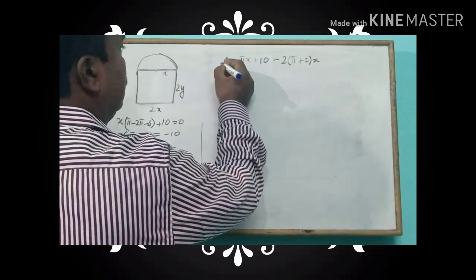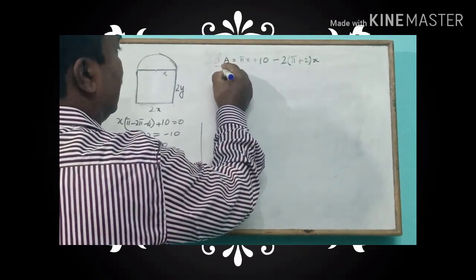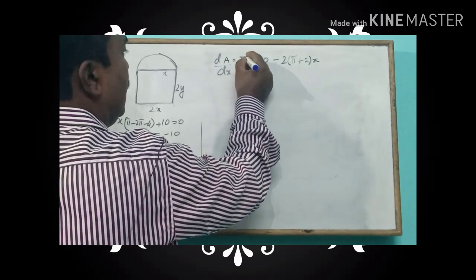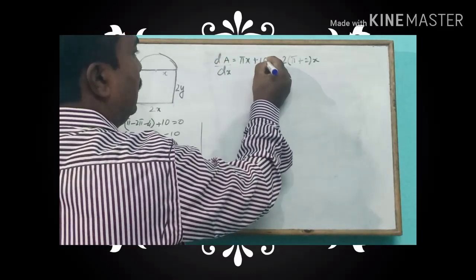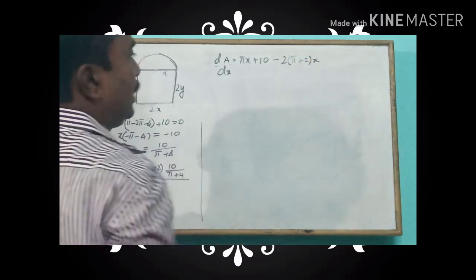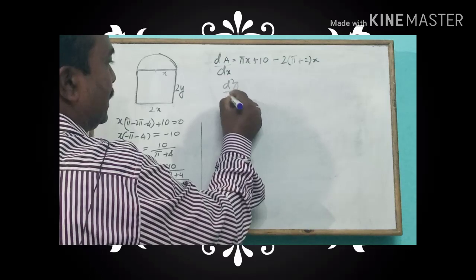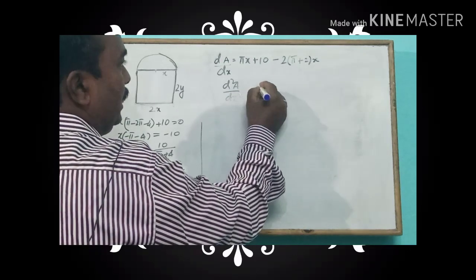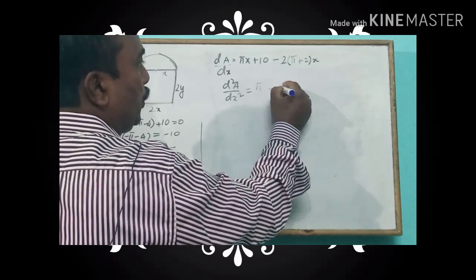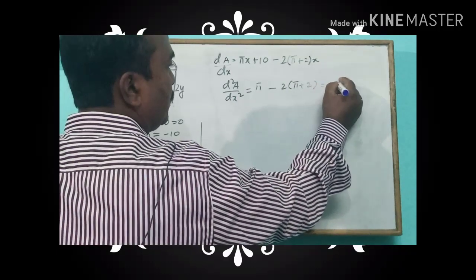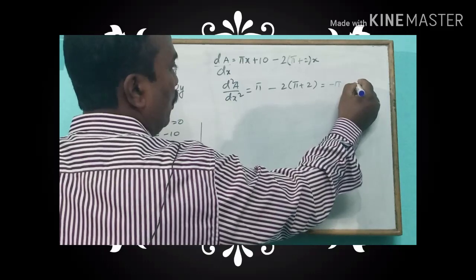Now dA by dx was pi x plus 10 minus 2(pi plus 2)x. Now if I find the second order derivative, d2A by dx square, you will get pi minus 2 pi minus 4, or this is minus (pi plus 4).